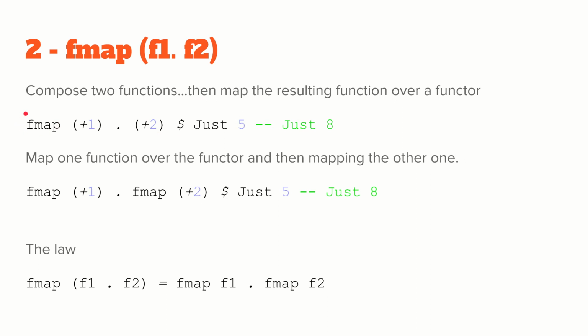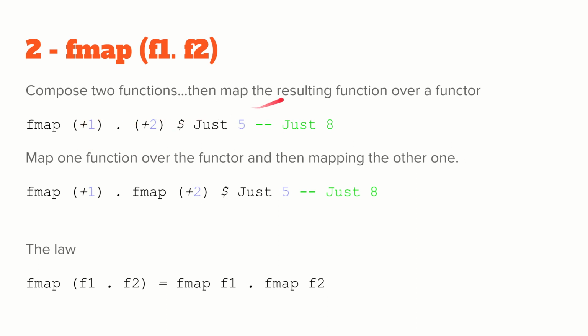We have our 2 functions here, plus 1 and plus 2. So we've got our variable x, we've got 1, that returns a value. Then we add 2 to it. We still have our x going in, so that's x plus 3. That part there. So that's composing our 2 functions.